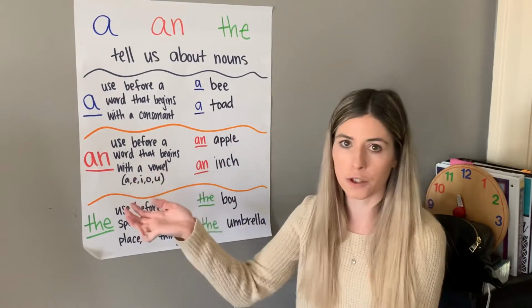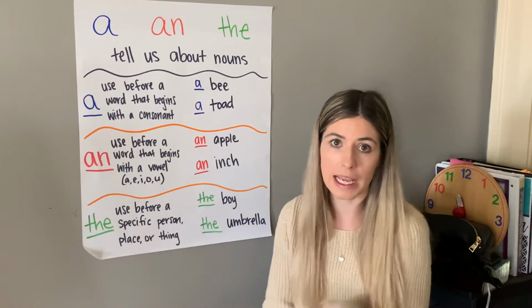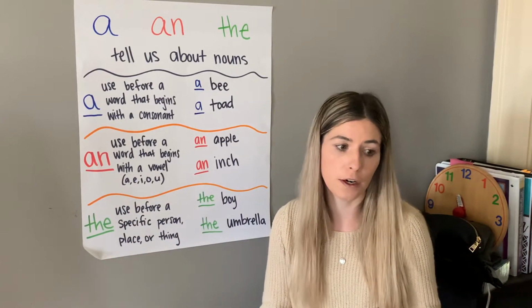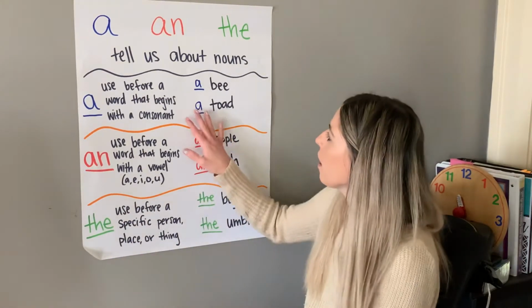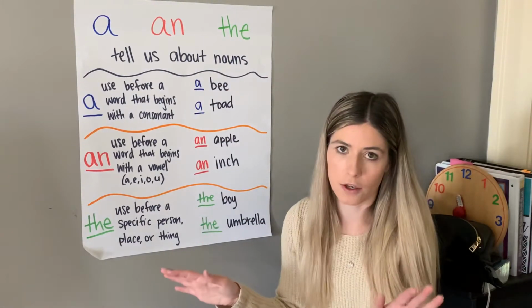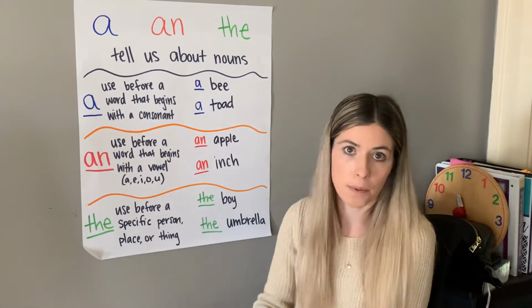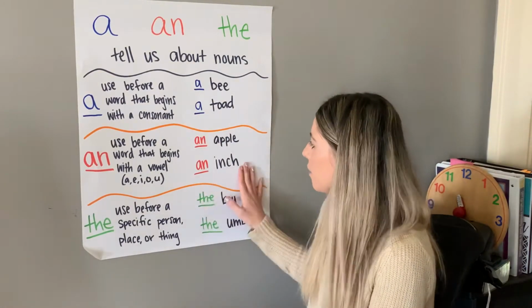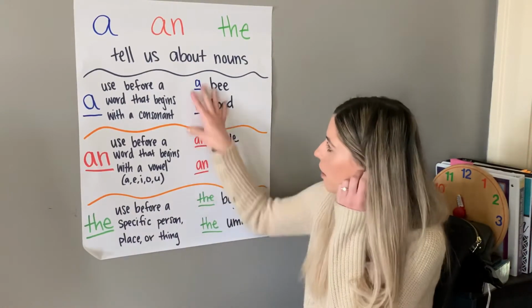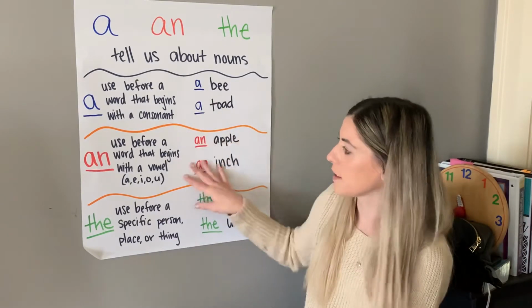A bee flew to a flower. A toad hopped over the stream. Those would be any of those things. Or an apple. I see an apple. An inch. Okay, those are not specific.